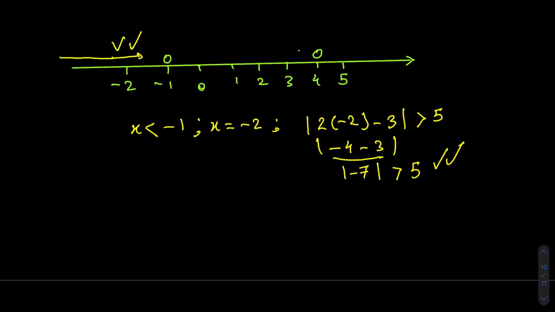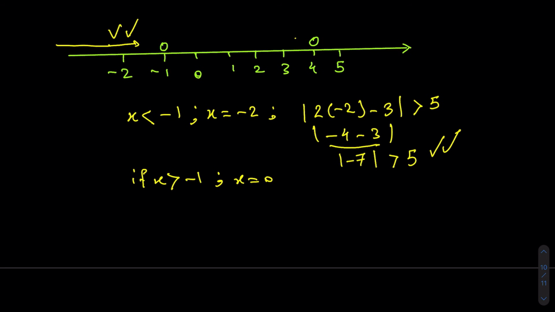If x is larger than -1 and x is equal to 0, what will happen? Let's check in the original equation. The absolute value of 2 times 0 minus 3 is larger than 5, which is wrong. So not correct.